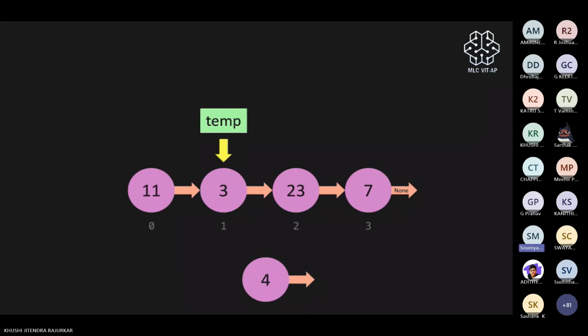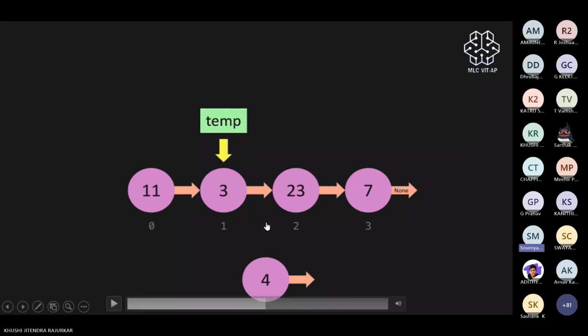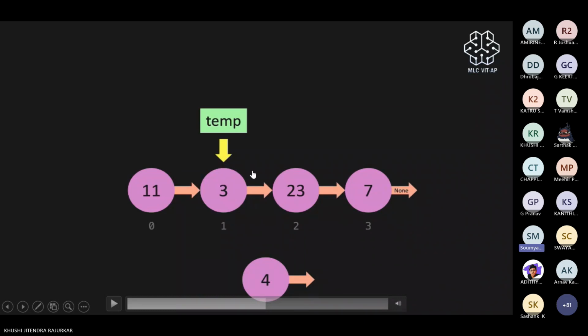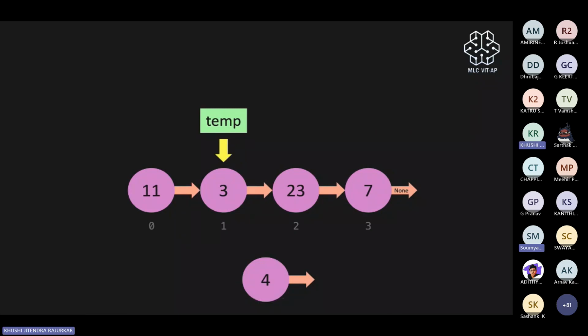Yeah, like in the prepend, if I'm not wrong, we were assigning the head to a new node and tail to a new node, right? And now with the inclusion of temp, we used the get method to assign temp as self dot head. Are you talking about prepend or insert?